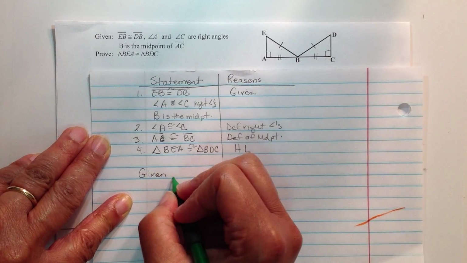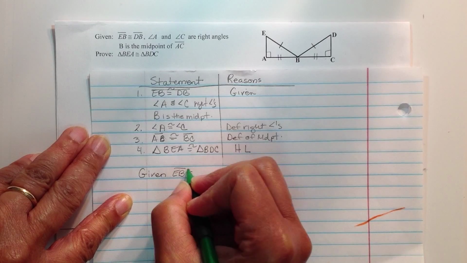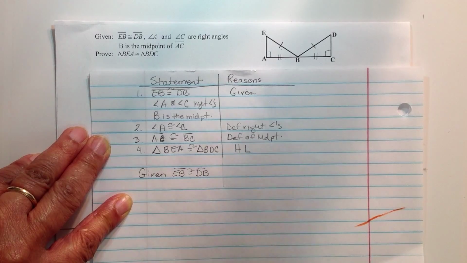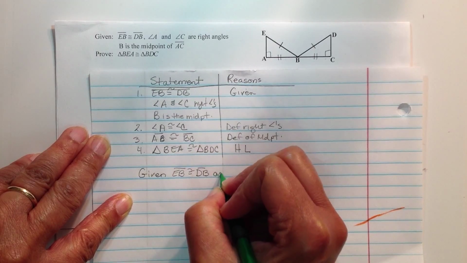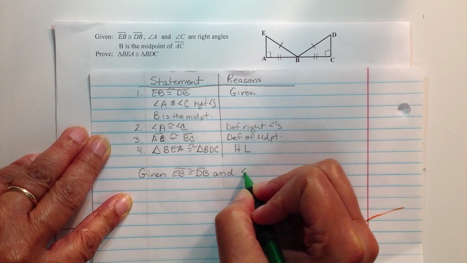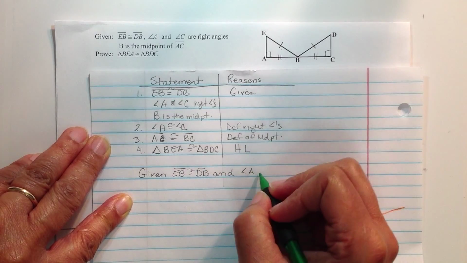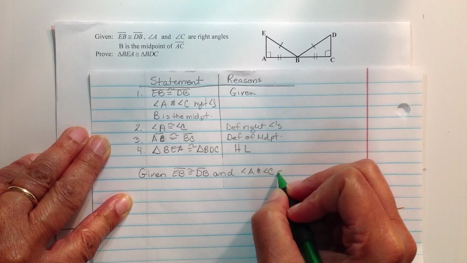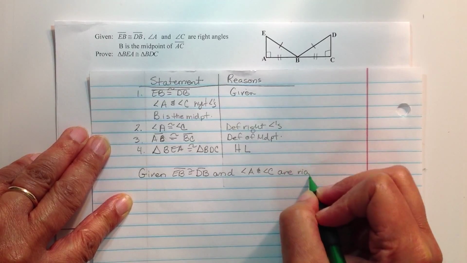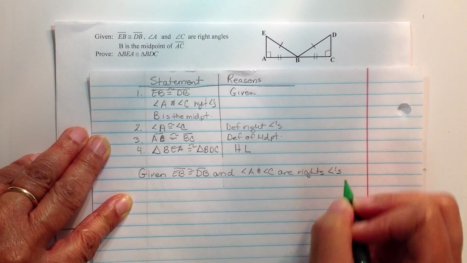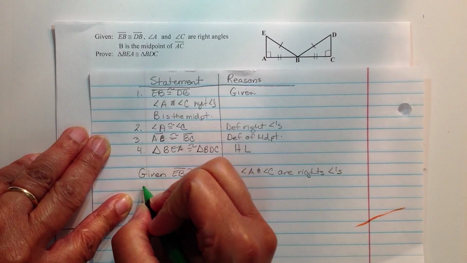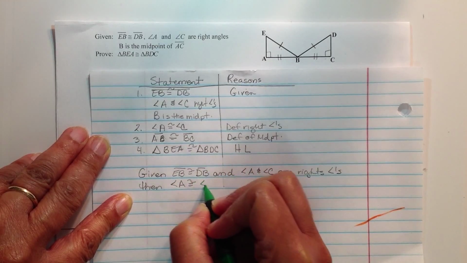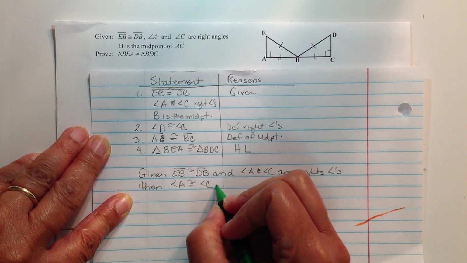So I would say, given EB is congruent to DB, and angle A and angle C are right angles, then angle A has to be congruent to angle C. Why?